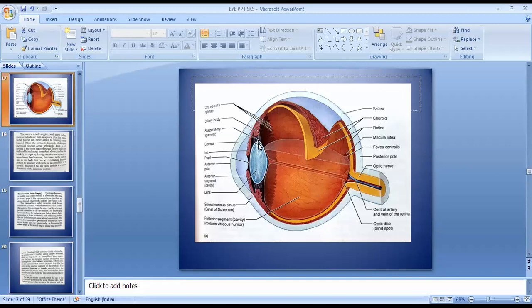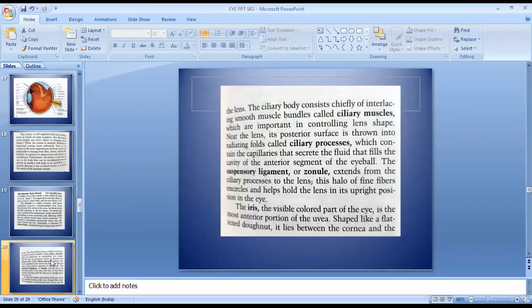It is attached to the lens, and they actually control the lens shape according to the requirements. It also contains the capillaries that secrete the fluid.